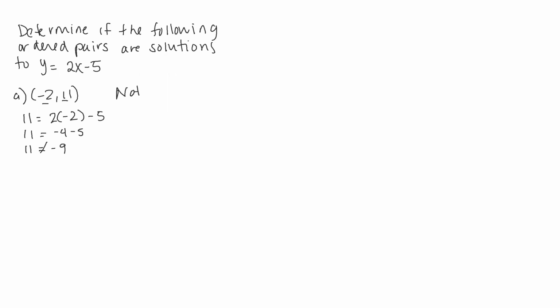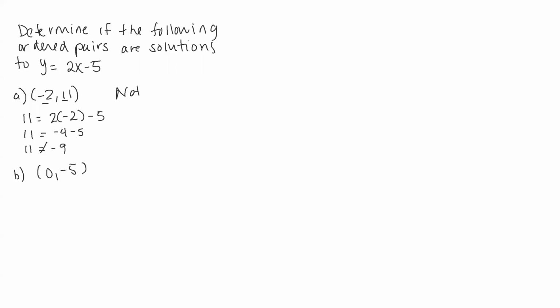All right. Let's look at another example. Let me double check and get a good one here. 2x minus 5. Let's look at 0, -5. Okay.